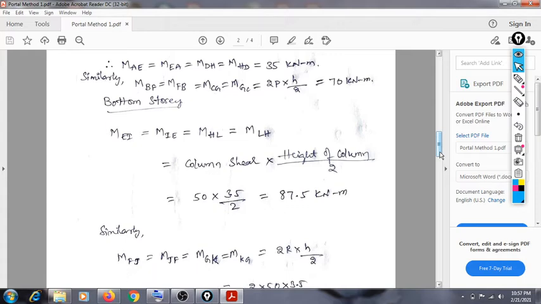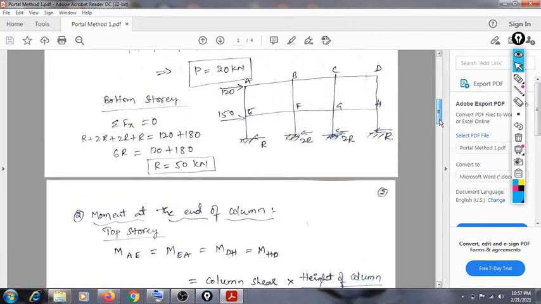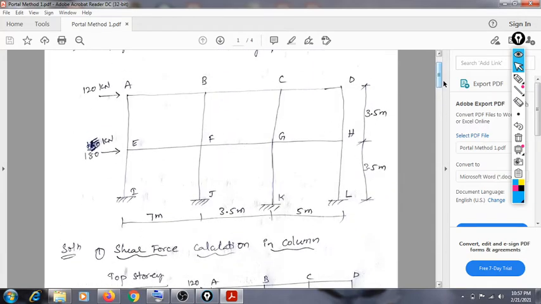Now MEI and MIE, MHL and MLH are all equal, because EI and HL are the columns at the extreme ends, and the moments generated from E to I, I to E, H to L and L to H are equal.